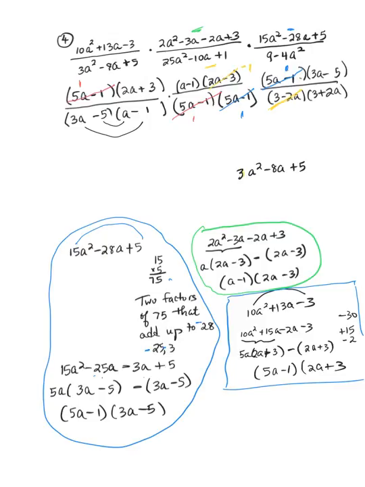So now we can continue dividing through here. We see that this 3a minus 5 divides through with this one over here in the corner. And this 3 plus 2a divides through with the 2a plus 3, which is also a 1 because it's an a plus b over an a plus b or b plus a.